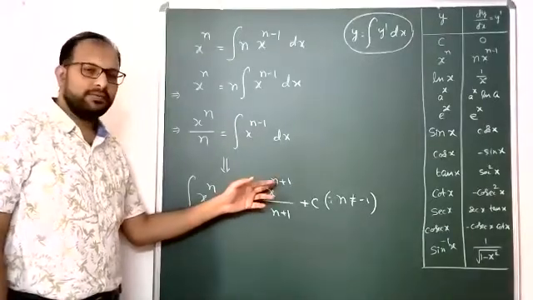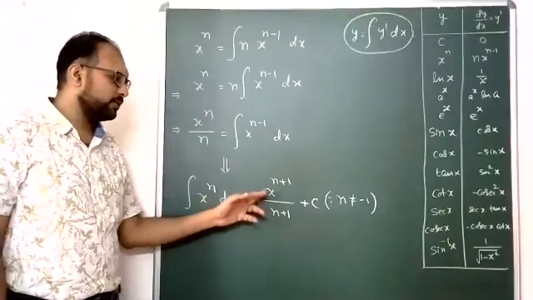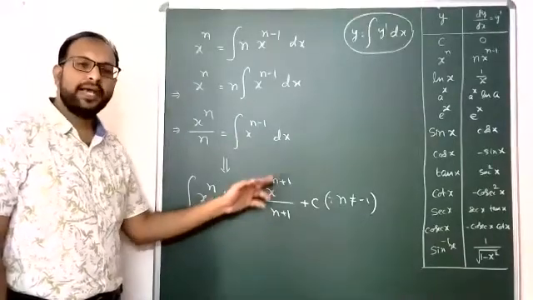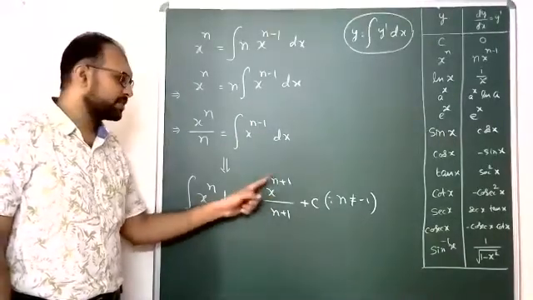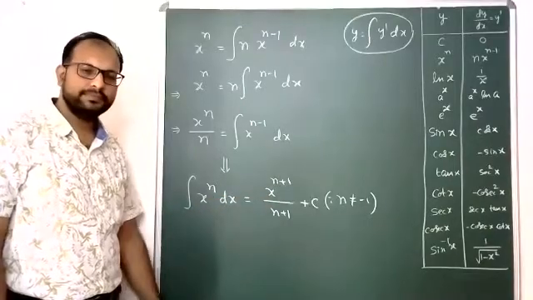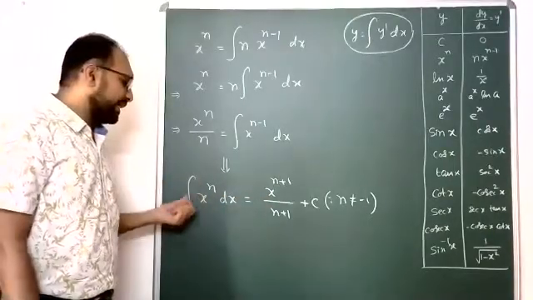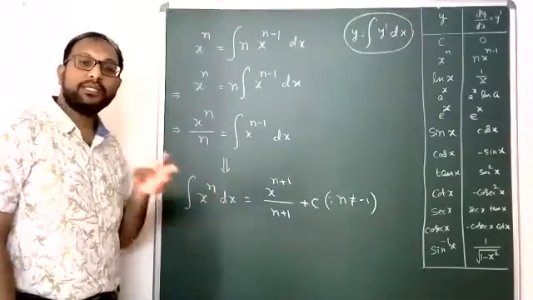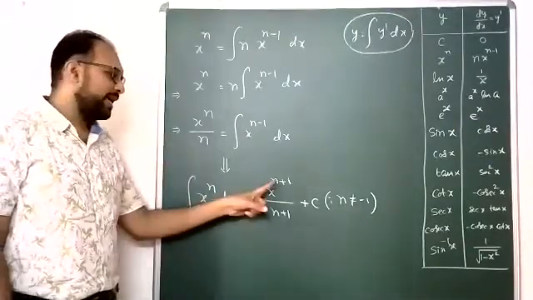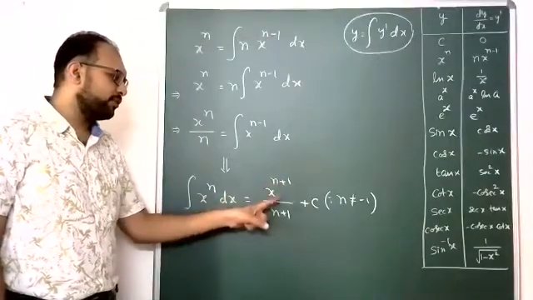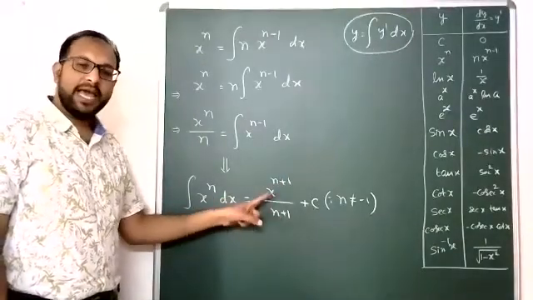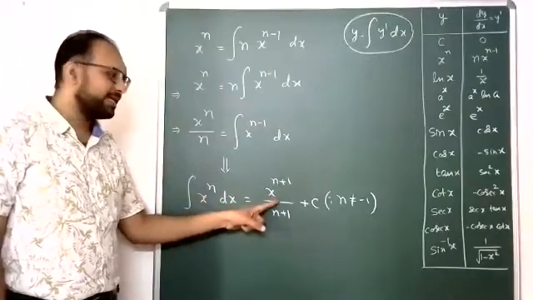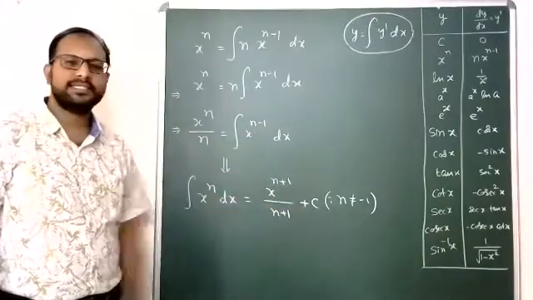Substitute n equals 1, 1 plus 1 is 2, so x square by 2. Suppose integral x cube dx, meaning n equals 3. Same, 3 plus 1 is 4, so x to the power of 4 divided by 4 plus a constant.